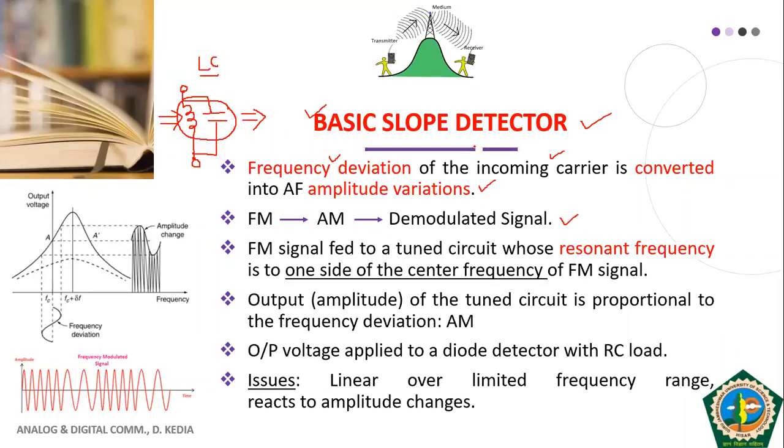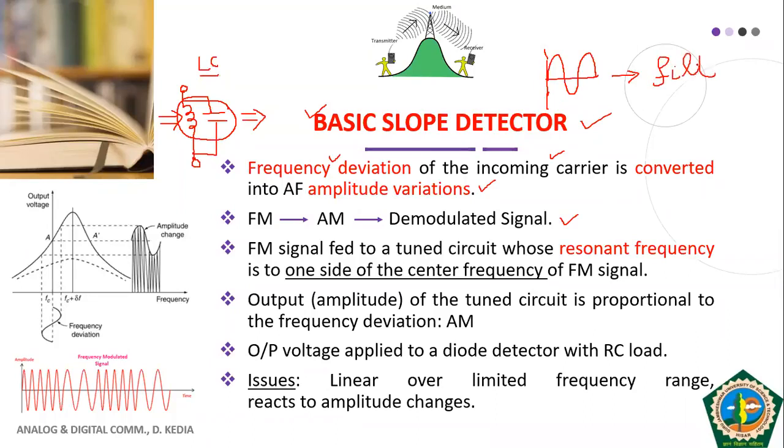Let me explain this in a more clear fashion. How does a filter behave? Say this is my incoming signal having a certain frequency, and I pass it through a filter.